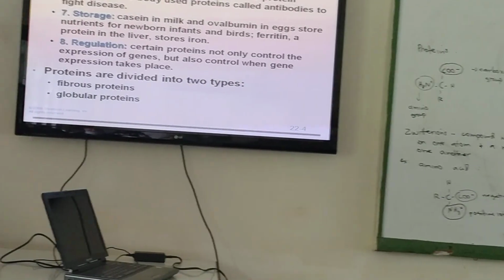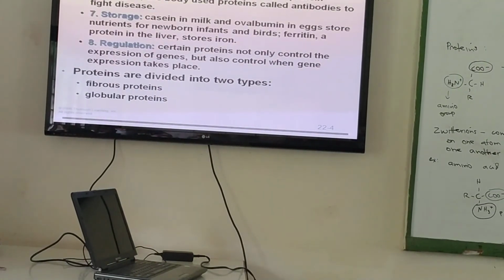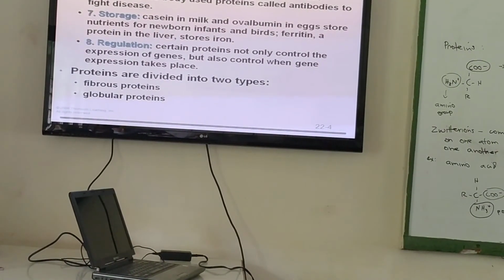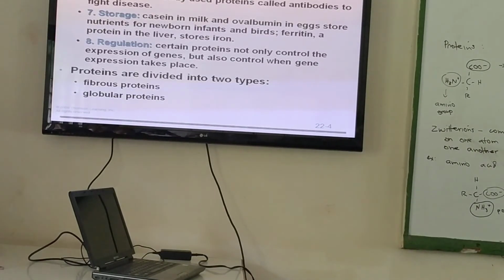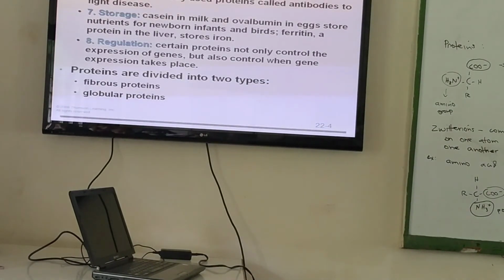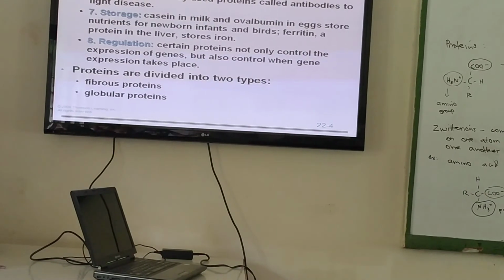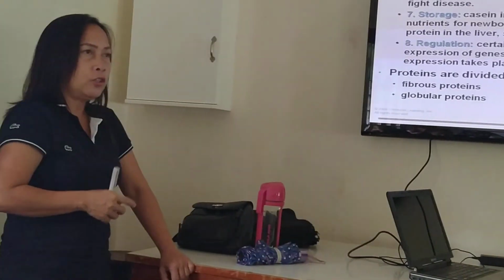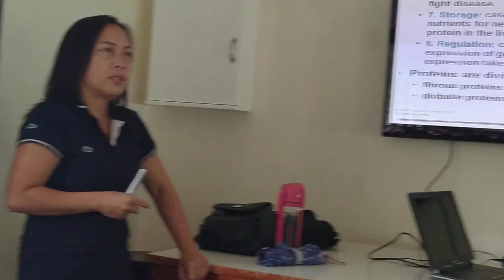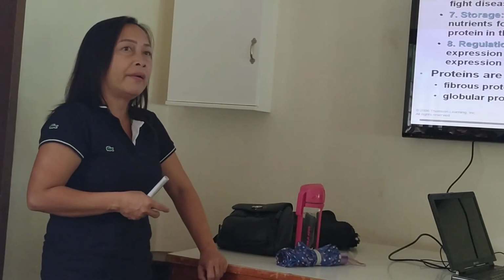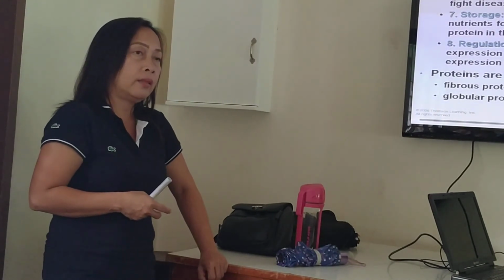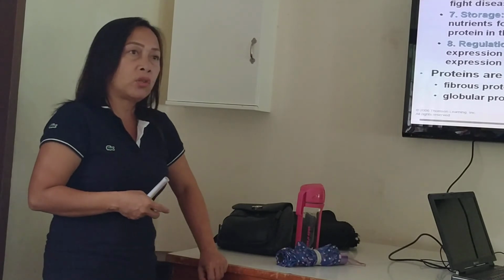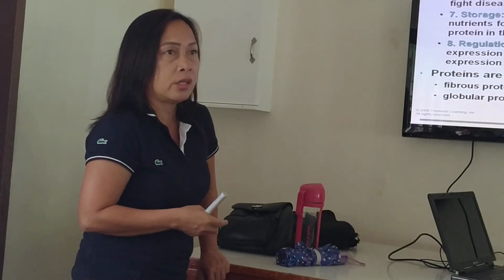Now another, you have regulation. Another role of protein is for regulation. Certain proteins not only control the expression of genes, but also control when gene expression takes place. Okay? Now during protein synthesis, so many proteins are necessary that regulate the expression of the DNA or the genes.